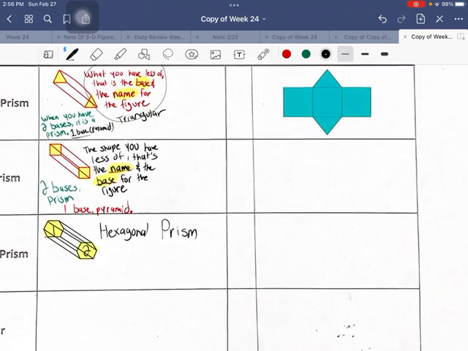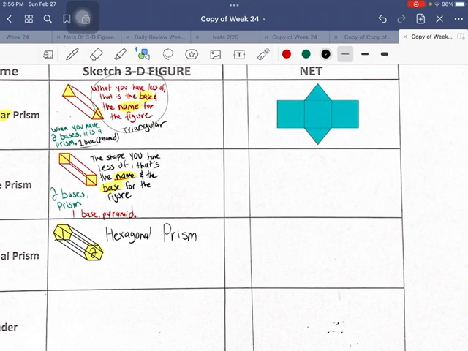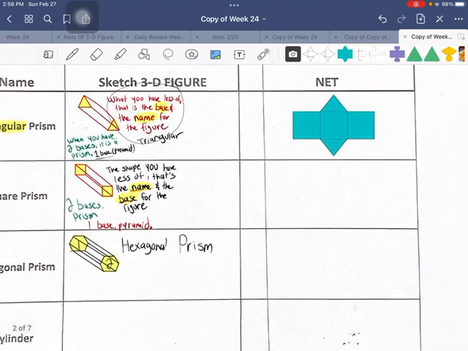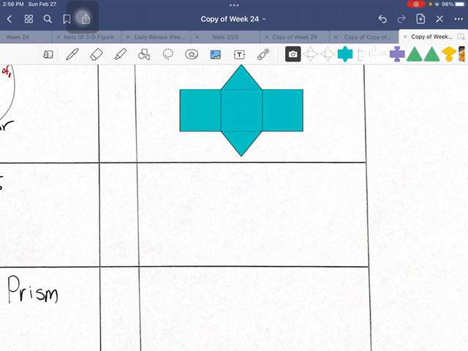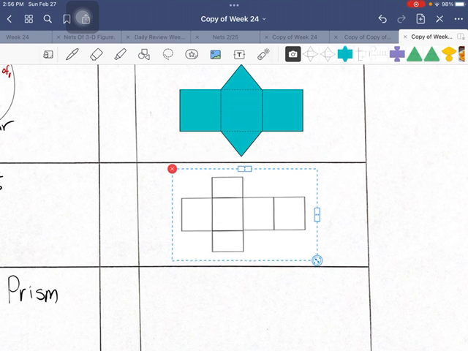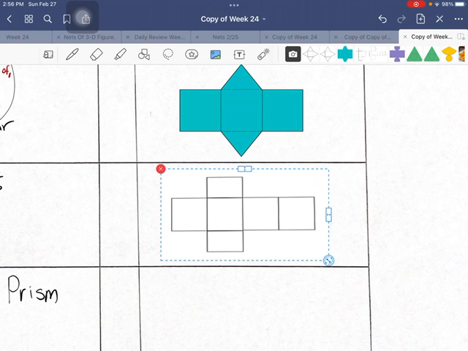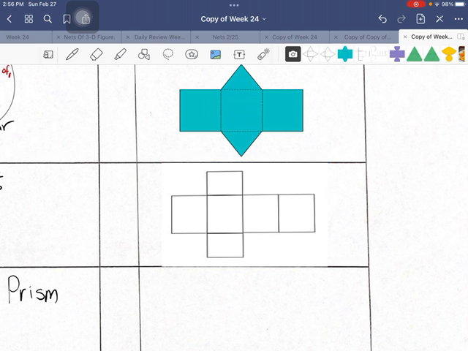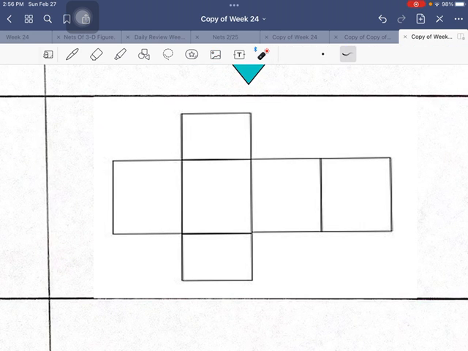Okay? Ahora, I forgot about the nets, guys. Sorry about that. Now, the square prism, if you were to separate it, se vería así. It will look like this. These are the squares right here, and these are the rectangles.